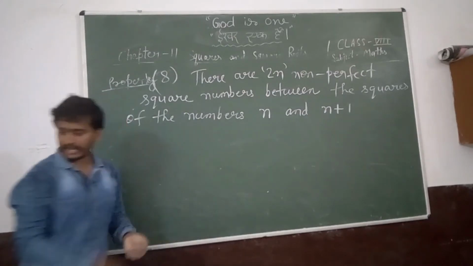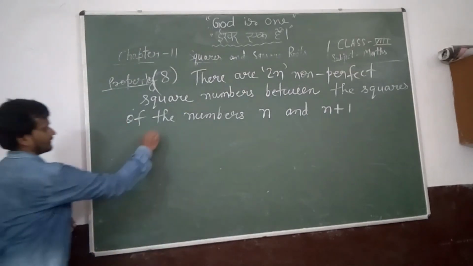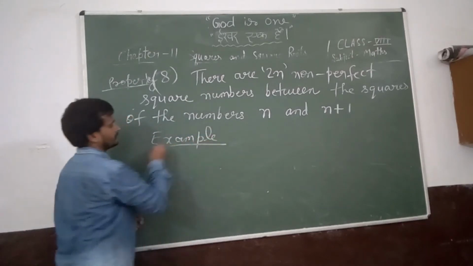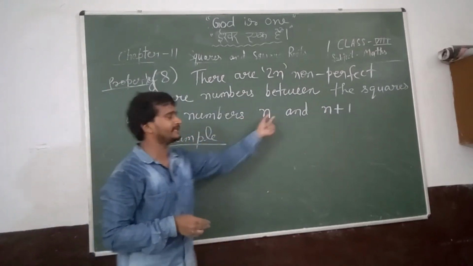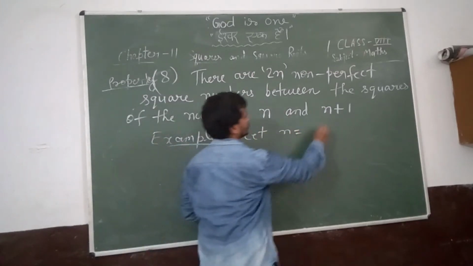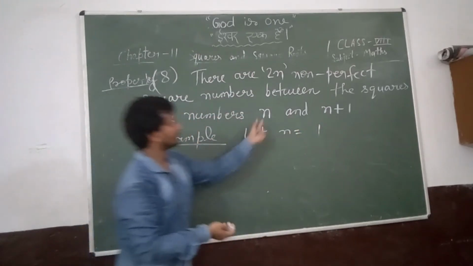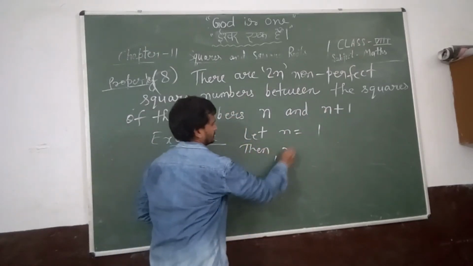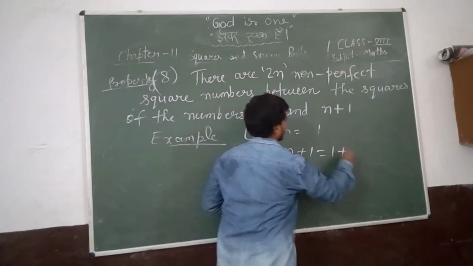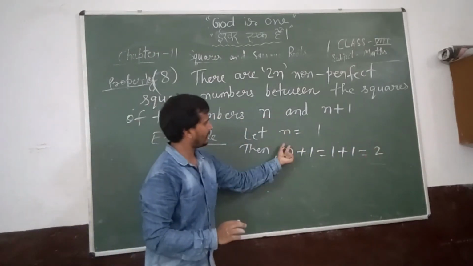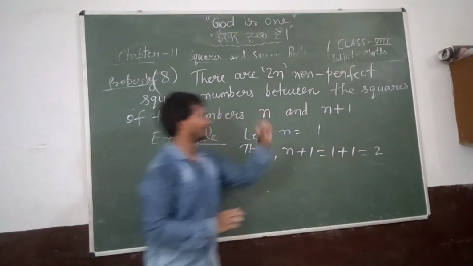Suppose we have a value of n, let n equal 1. Then what will be the value of n plus 1? We have obtained n plus 1.